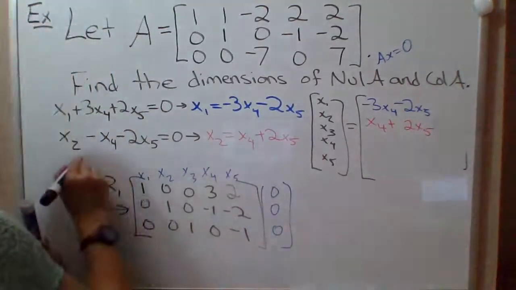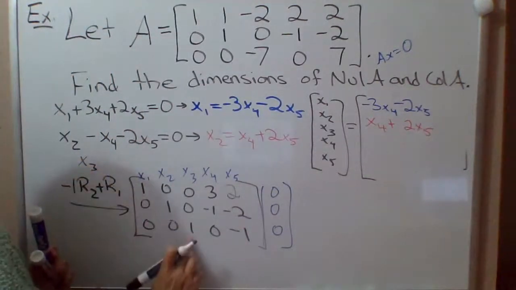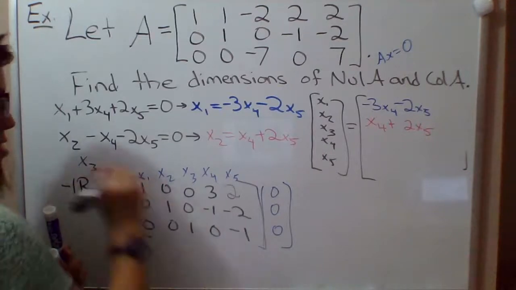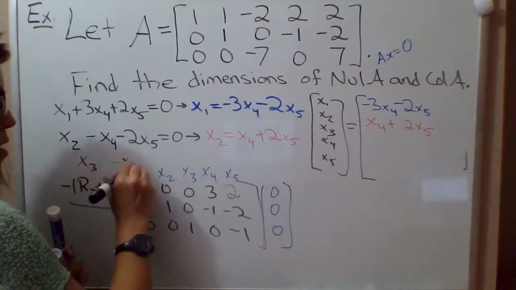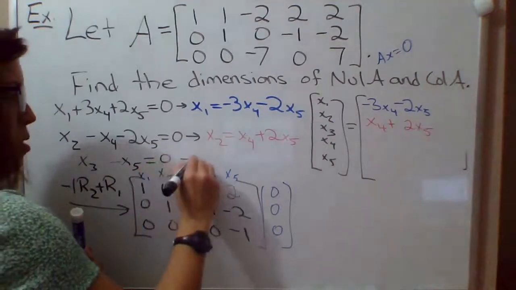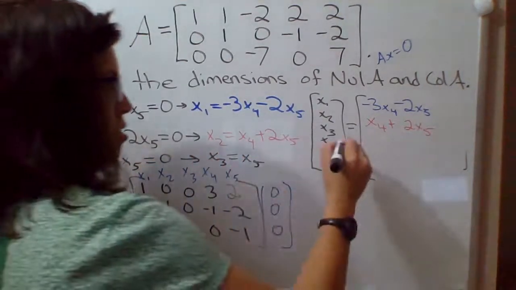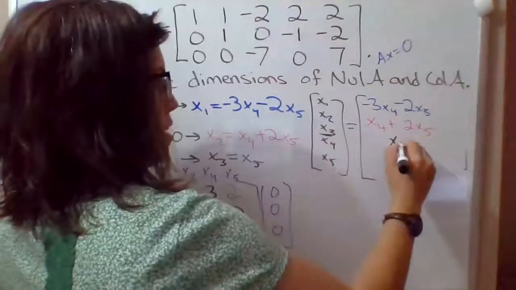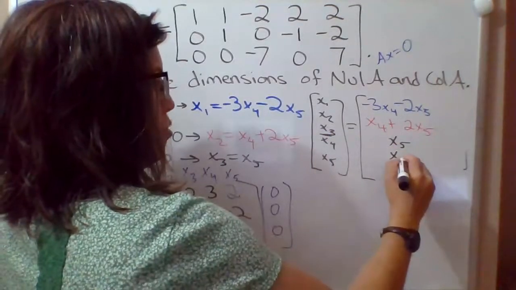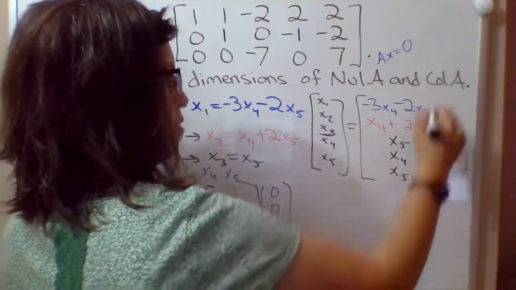For x3, I never wrote the equation. So what do we know about x3? x3 minus x5 equals 0, so x3 equals x5. And then x4 and x5 are our free variables.